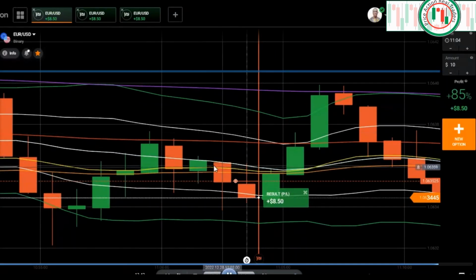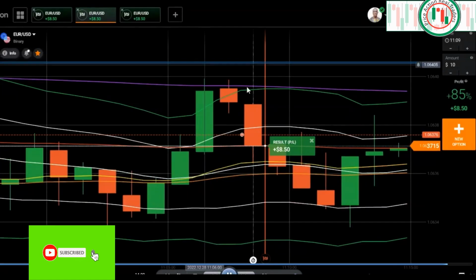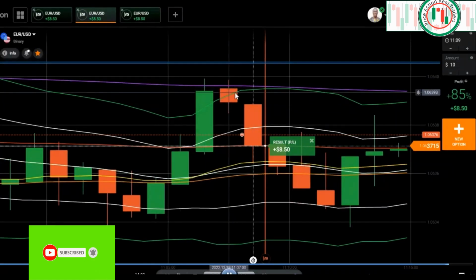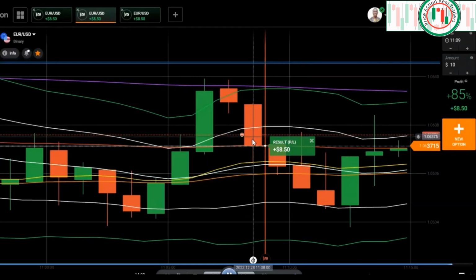After engulfing in confluence with hammer candlestick, I place my trade put option here. You see, so that's why I place the trade in confluence. Then this one you see with bad entry point, I place my trade put option, but market brought me down immediately, but it is in the money.